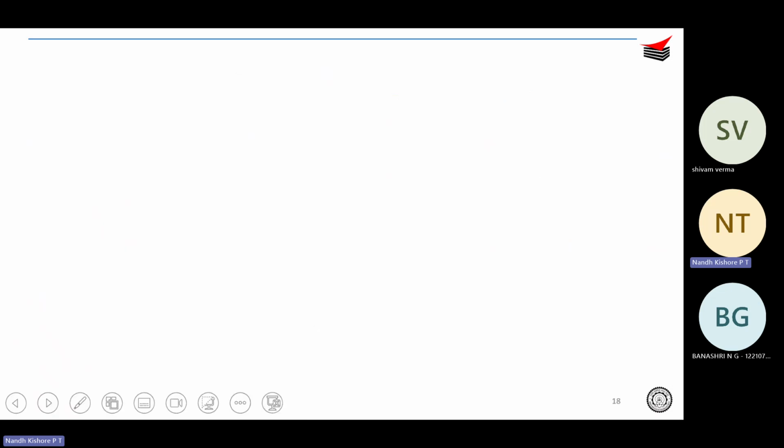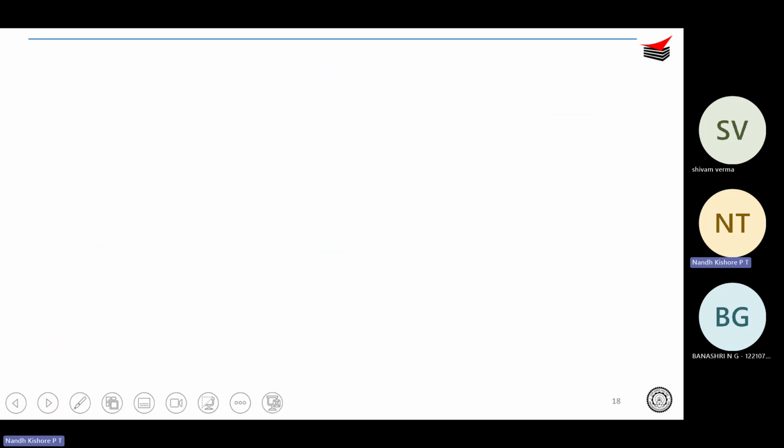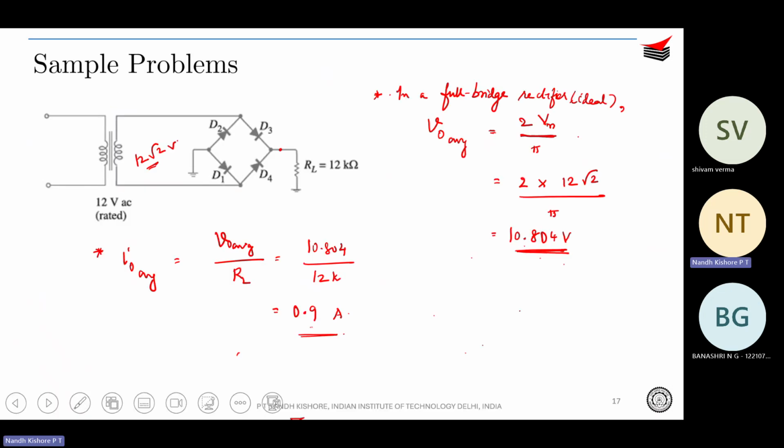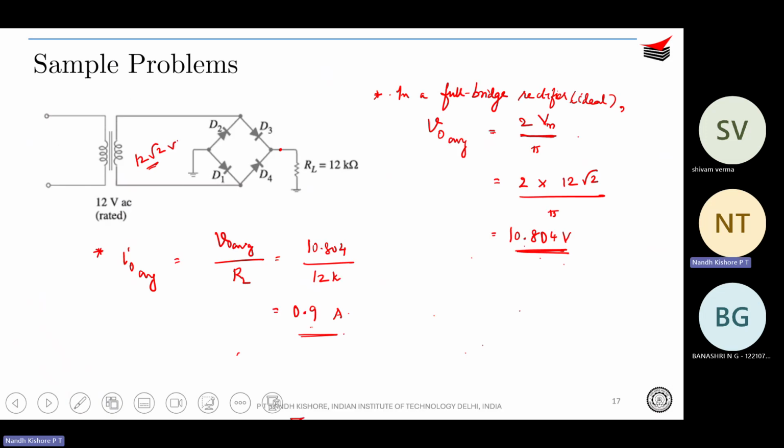Okay. So can you tell, if you know the operation of this DBR, at any point of time what will the diode conduction be? So let's take, you have something like this, and something like this.